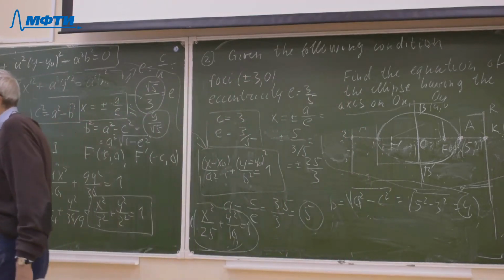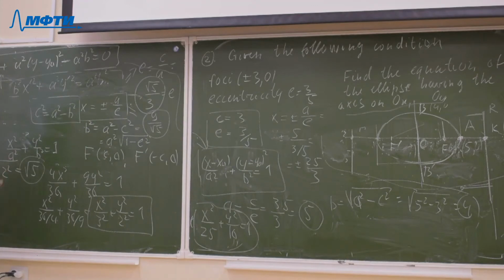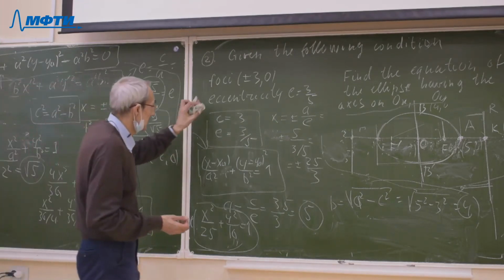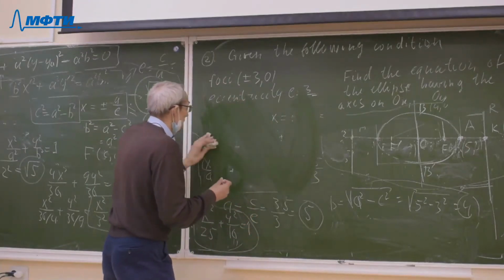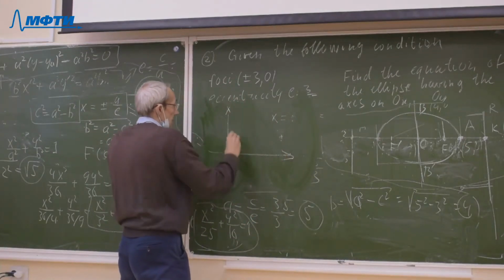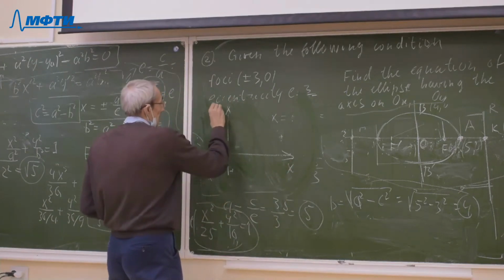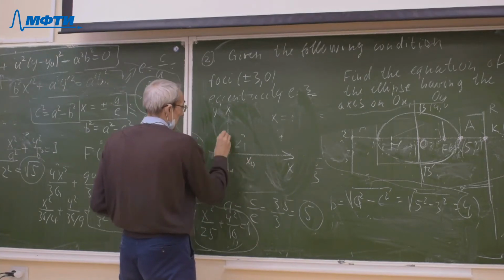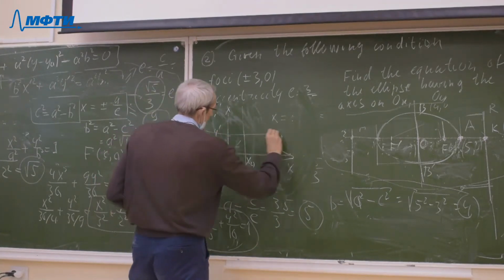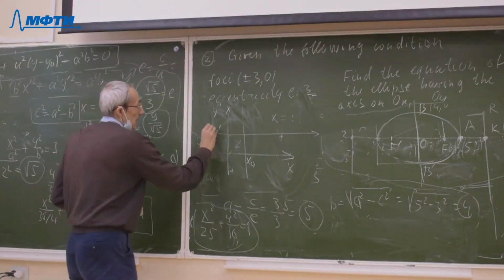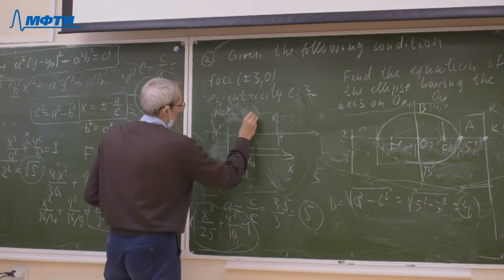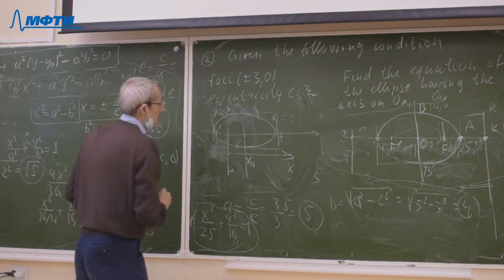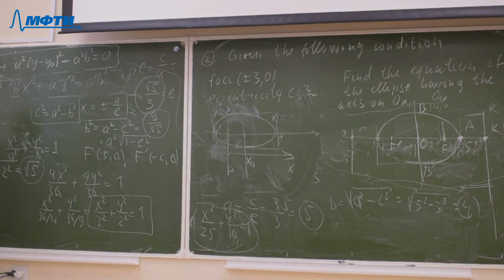And we can draw the ellipse which has this equation in the following form. We have the initial coordinate system, the new coordinate system x0, y0, and in the new coordinate system we can draw this ellipse in this form.